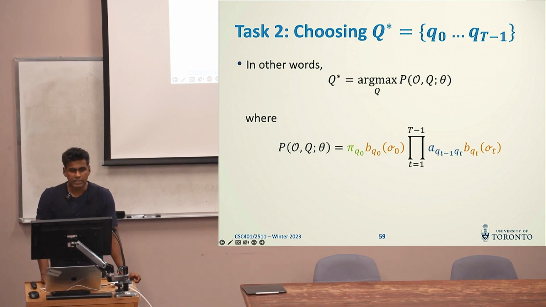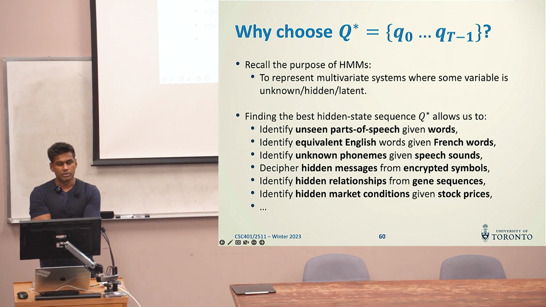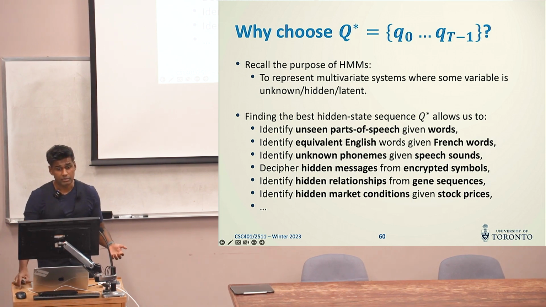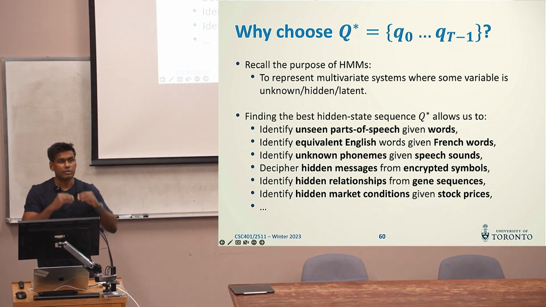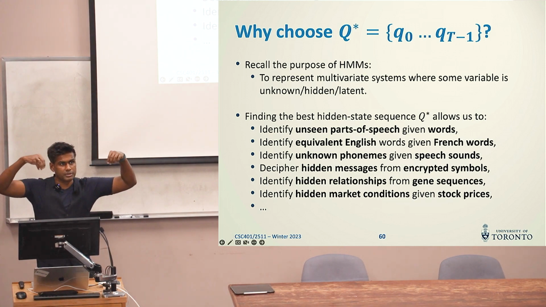Let's look at some real-world applications of why or when we'd need to choose our Q star. At the bottom, you'll see some real-world applications of using HMM to infer the hidden states. Consider that the words coming out of my mouth are being generated by an abstract layer of parts of speech.